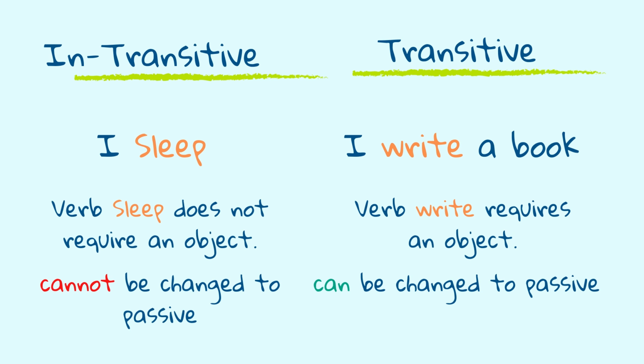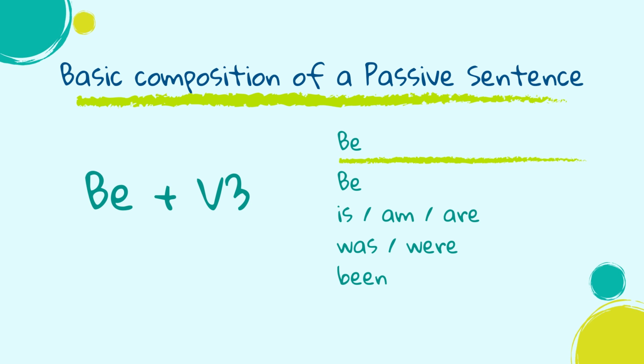Next, before we actually start making passive sentences from 16 English tenses, we need to first study the basic composition of a passive sentence. The basic composition of a passive sentence is be followed by past participle, or verb 3.